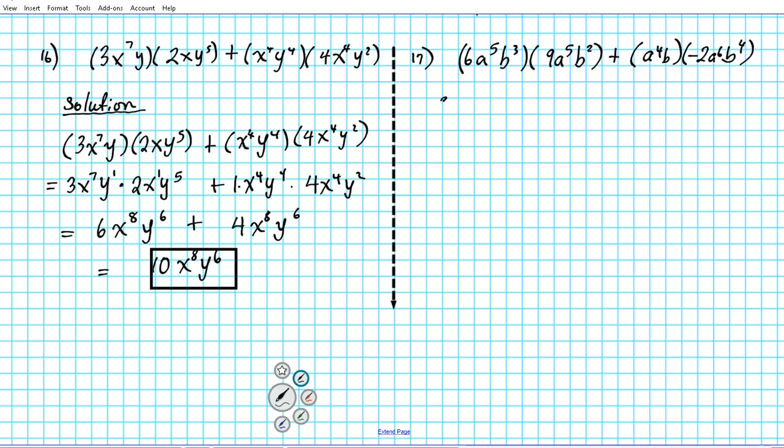All right, what if you were to simplify that? Let's do it. So for this one, let's write the problem. We have 6a to the 5th, b to the 3rd, times 9a to the 5th, b square, plus a to the 4th, b, times negative 2a to the 6th, b to the 4th.